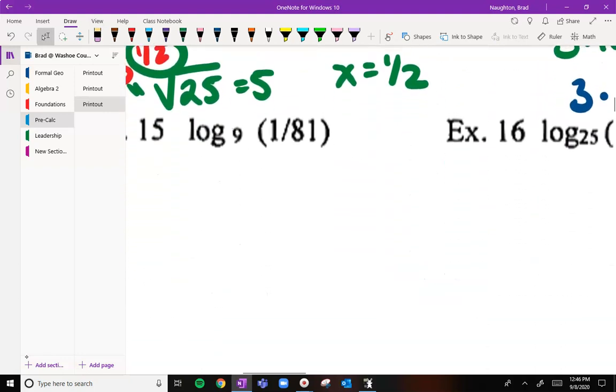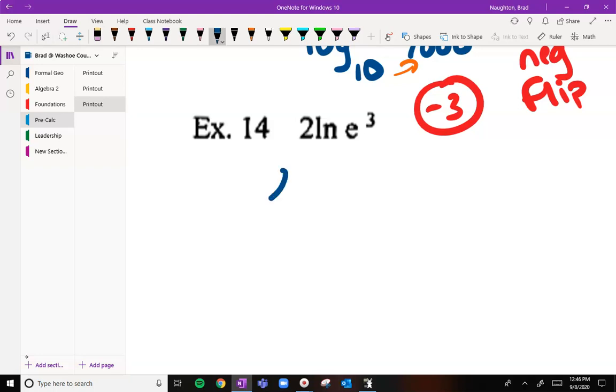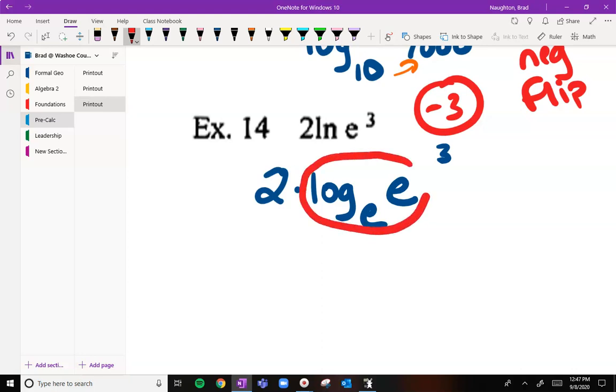Alrighty, ladies and gentlemen, on our next one here, 14. We're going to split it up again. 2 log base e, because it's an ln, of e to the 3. Okay? So, ladies and gentlemen, this is a special instance. How do I do this? That's a 1, right? But to the third power means something special here, sports fans. We're going to have to add these together, because this is what's called our power rule from exponents.